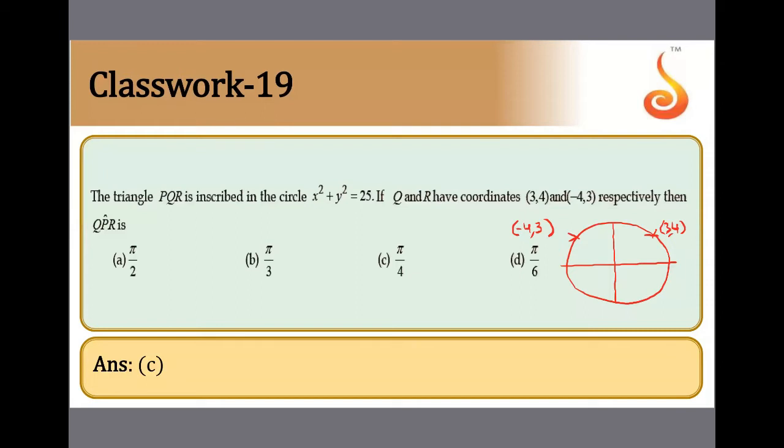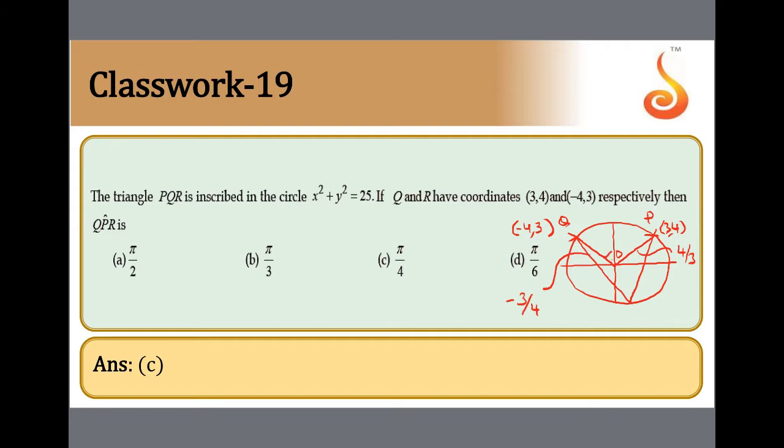X minus x1 whole square plus y minus y1 whole square equal to r square. Correct? Now, this is the point P, this is the point Q, and this is the point R. This is O. What is the slope of OP? 4 by 3. What is the slope of OQ? Minus 3 by 4.